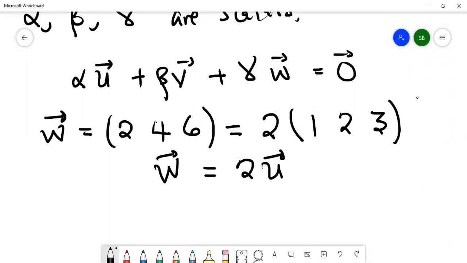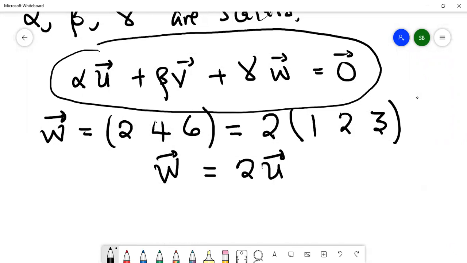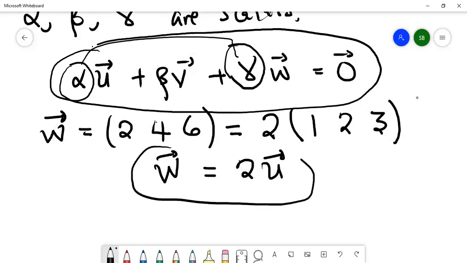And as a result, the first equation that we wrote here is such that alpha, beta, and gamma might likely not be equal to 0, or better still, alpha, beta, gamma will not all be 0. So U, V, W are not linearly independent, and this is highlighted from the fact that W and U are related.